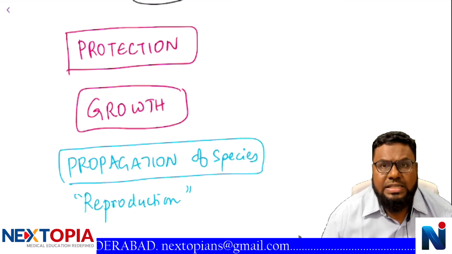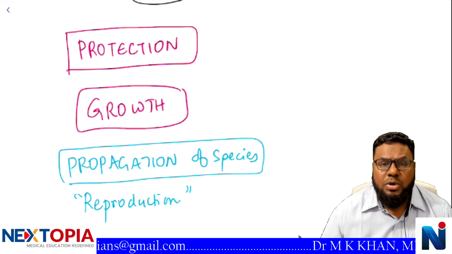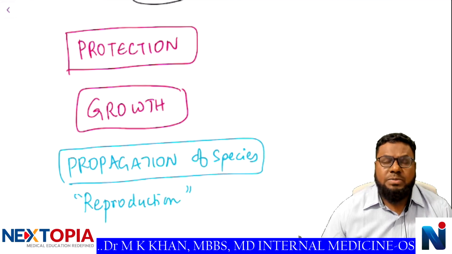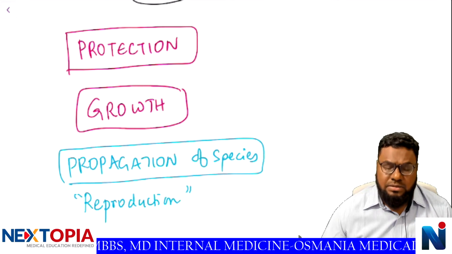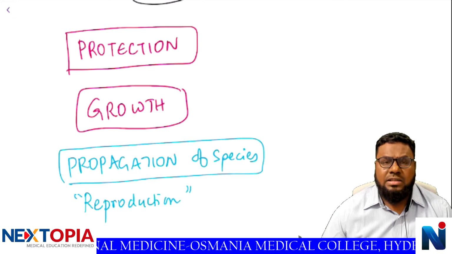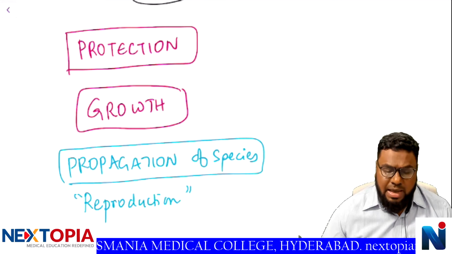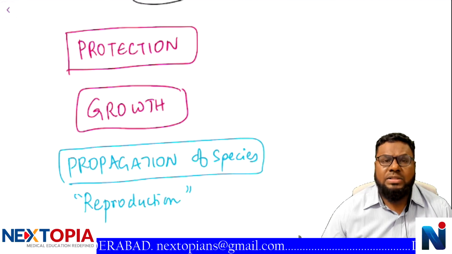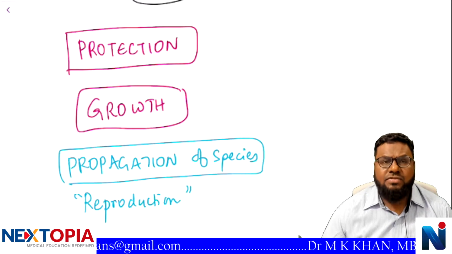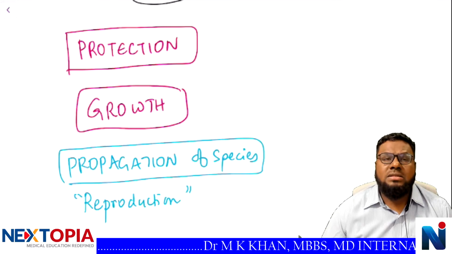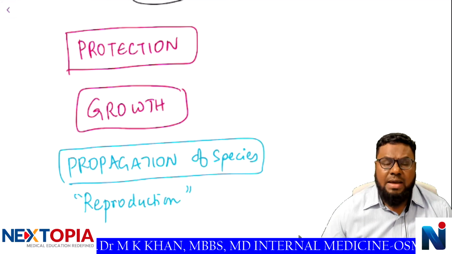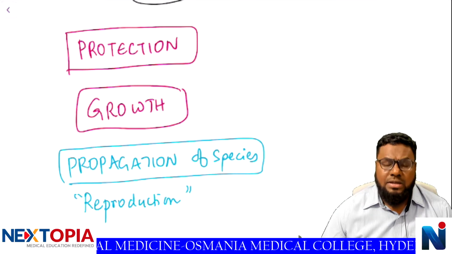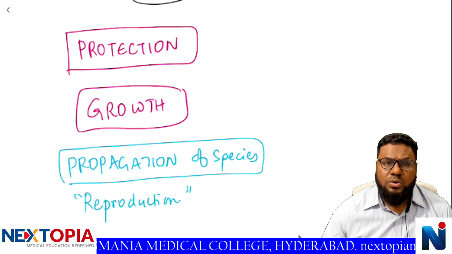Reproduction is a mechanism by which we produce a new generation, and that is brought about by the internal sex organs which produce the gamete. Each gonad produces a separate set of gametes depending on the sex we are talking about, male sex or female sex. So spermatogenesis and oogenesis together are referred to as gametogenesis.